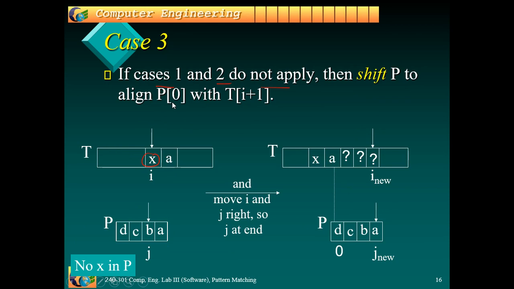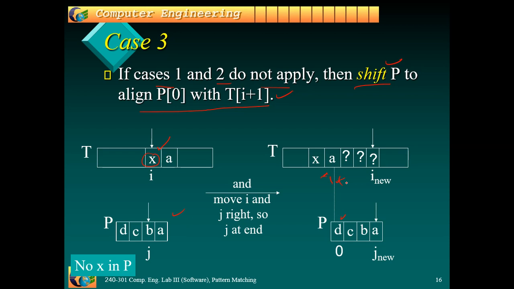In case 3, when both of these cases do not apply, it means the character of T where you got a mismatch is not at all available in the pattern. Then you shift P to align P of 0 to T of I plus 1. It means you are shifting the entire pattern towards the right, so that P of 0 will be aligned with T of I plus 1.